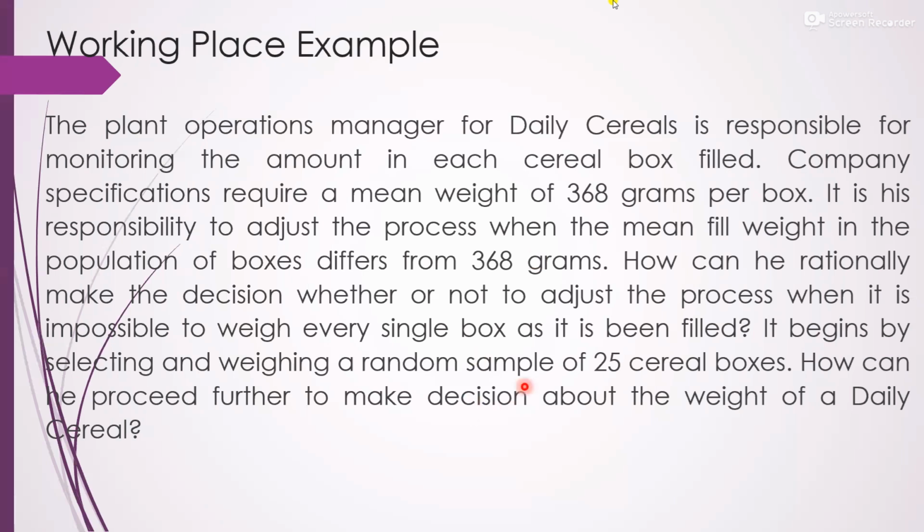So how is he going to do it? He is selecting a random sample from the 5,000 lot. He is selecting a random sample of 25 boxes and taking measurements of these 25 boxes. And by looking at those 25 observations, now he is going to decide whether the machine is working properly or not.